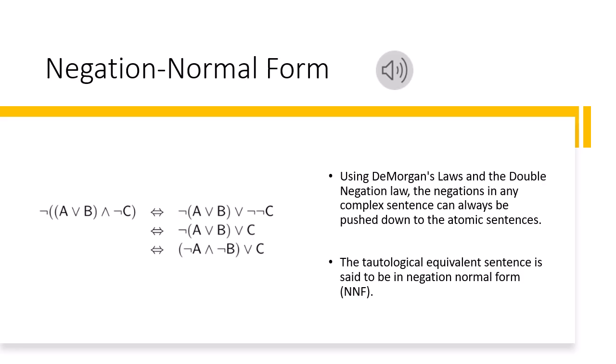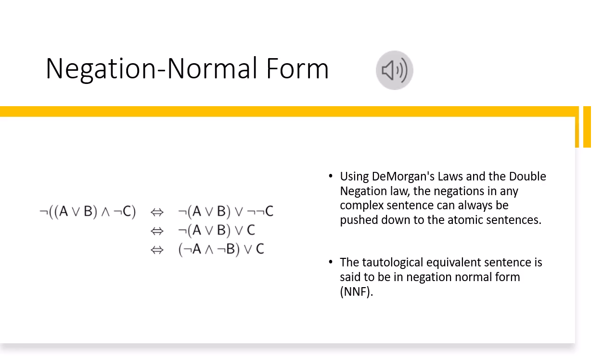Okay, so let's look at this example here that we see on the screen. We're going to start with the left-hand side, which is not in negation normal form. That's primarily because there's this negation all the way on the outside. And what we'll do is we'll use De Morgan's law first to pass that negation across the conjunction. And we'll get to that line there on the right-hand side of that first double arrow.